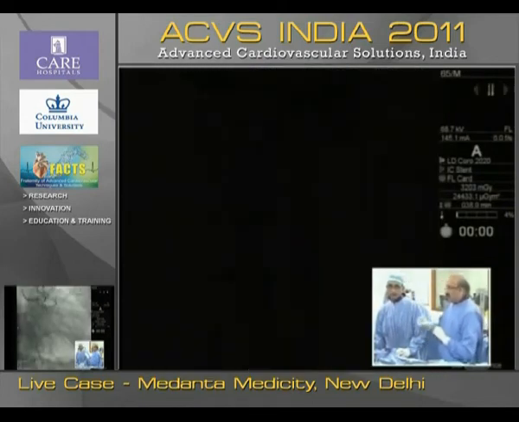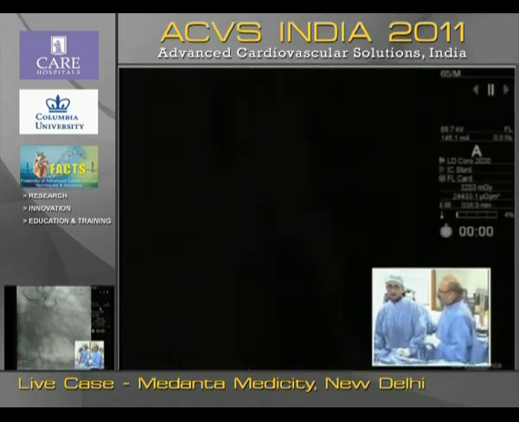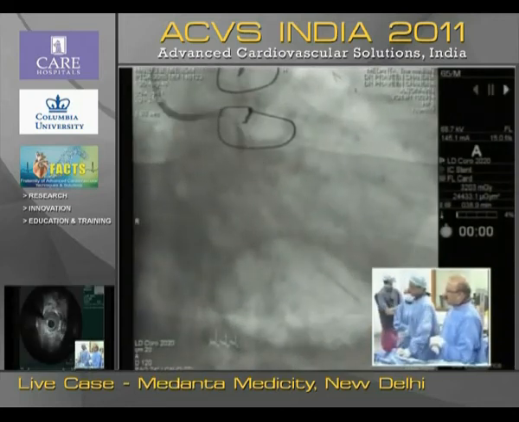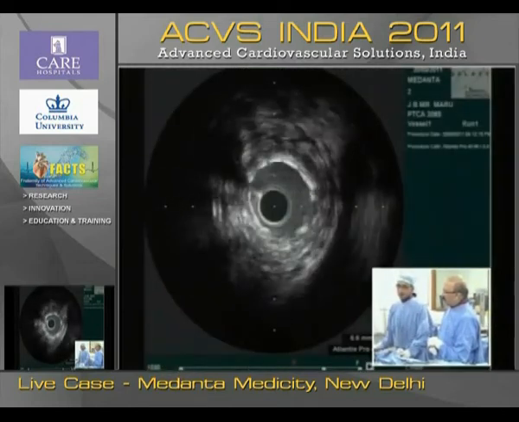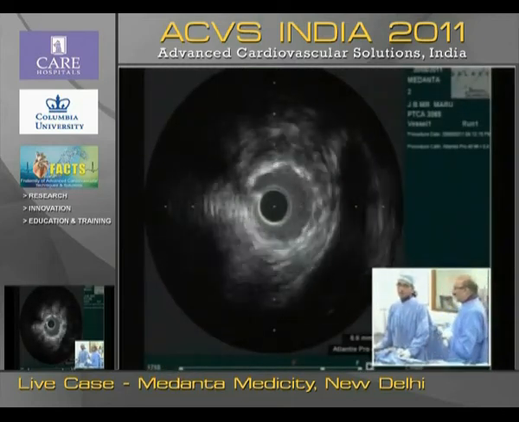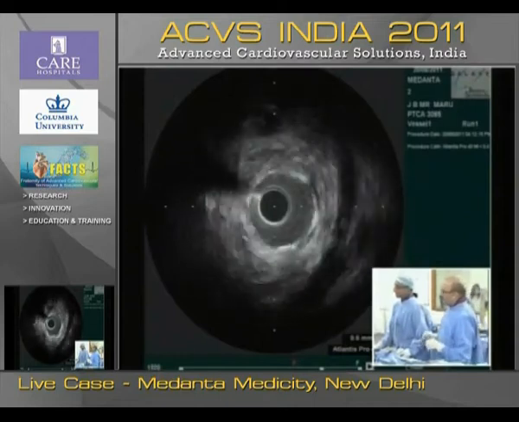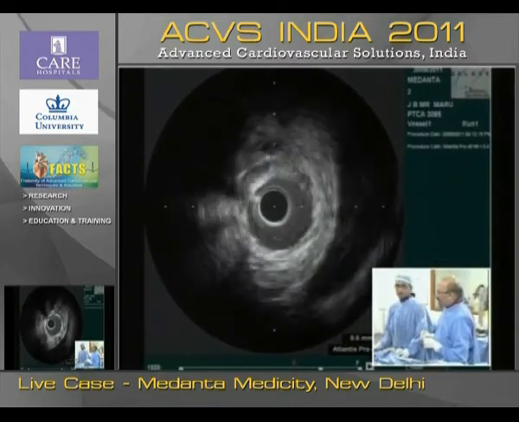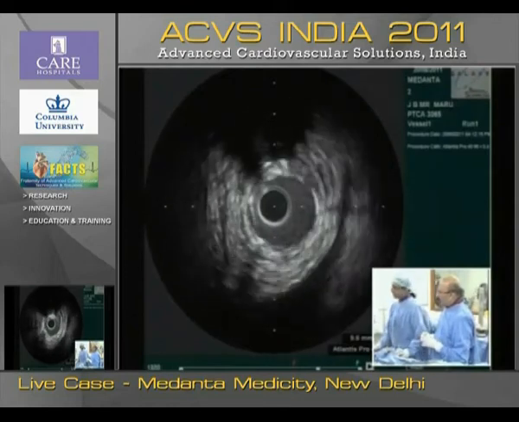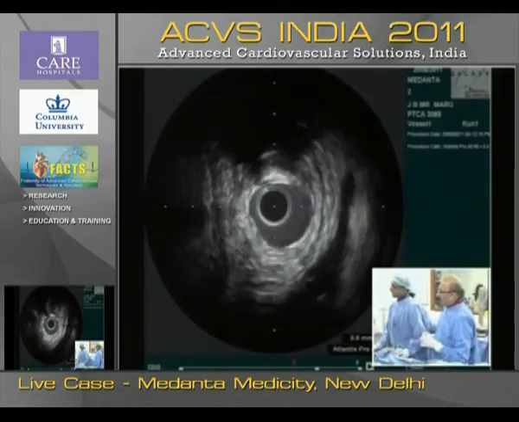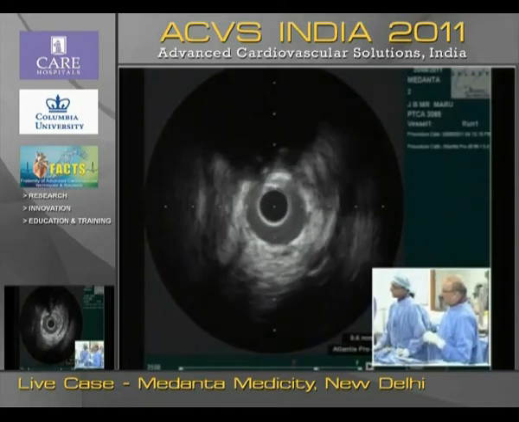Can we show the IVUS pictures? Here you see these IVUS pictures taken after the 2.5 into 32 Yukon PC implantation. The lumen looks very good, but distally, just beyond the end of the stent, the vessel was very thin.